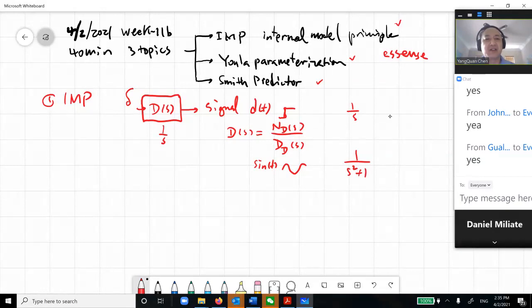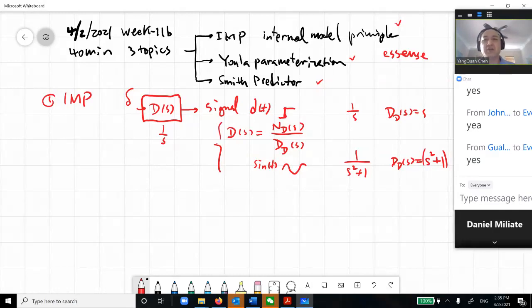So in this case, D is S. In this case, D is S squared plus 1, okay? So these are the 2 examples to show you.